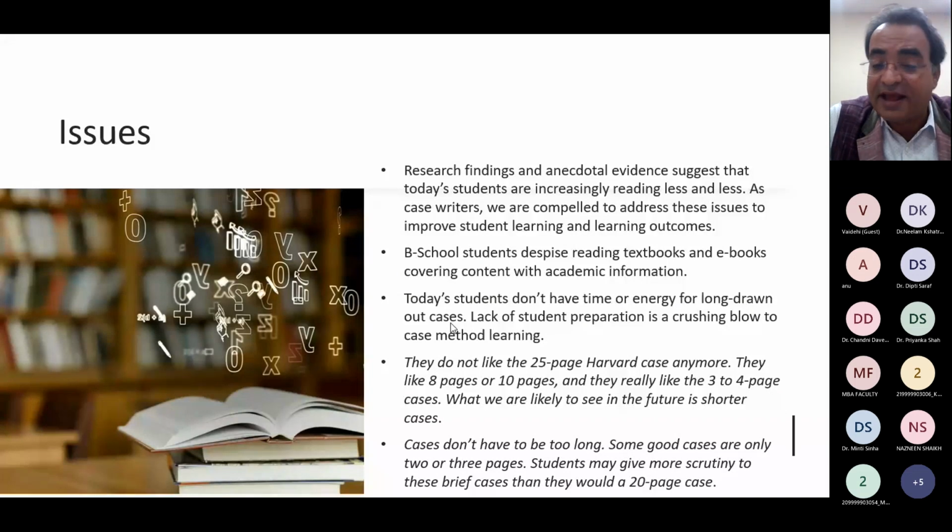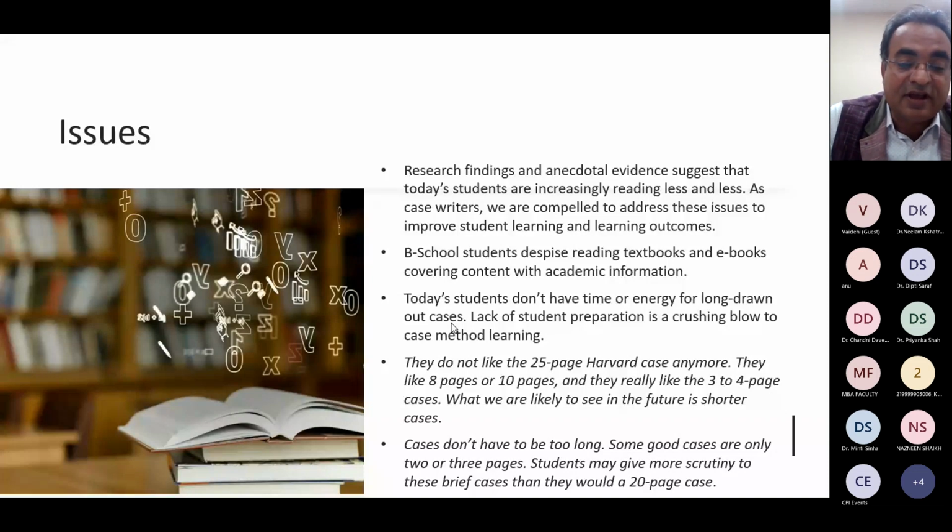The lack of student preparation is a crushing blow to anybody who wants to adopt the case method of learning. A few eminent professors who are into case writing, case research and teaching cases have rightly put that students today don't like the 25-page Harvard case anymore.